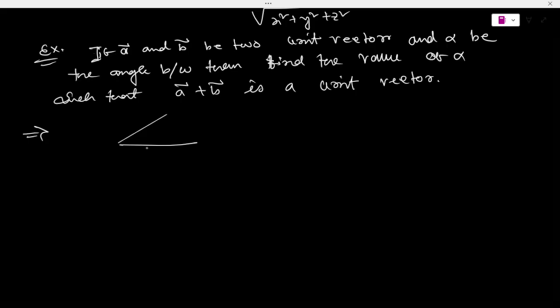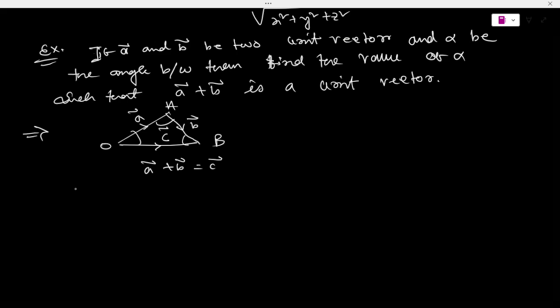Let's say this is O, A and B. This is an angle, this is the a vector, this is the b vector, and this is the c vector, which represents that a vector plus b vector is equal to c vector.